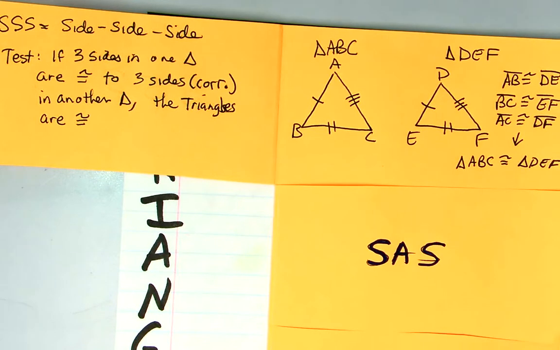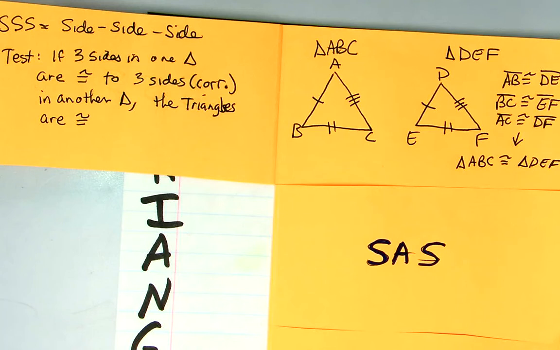Now remember, the name of the test is going to be what you need to find in the test. And remember the order of the names is important. When we have A, B, C, and D, E, F, A corresponds to D, B to E, and C to F. The order of the letters in the test matters. If it's side, side, side, you have three sides in a row.